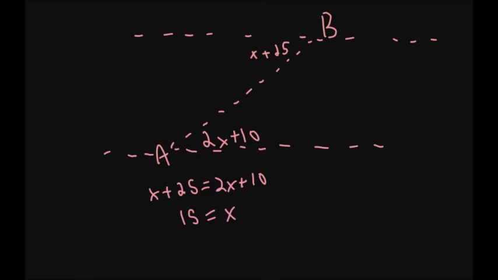So you have to put that into the original equations. So you could do 15 plus 25 for the first one equals 2 times 15 plus 10. So 15 plus 25 is 40. 2 times 15 is 30, plus 10 is 40. So both those angles would equal 40 degrees.